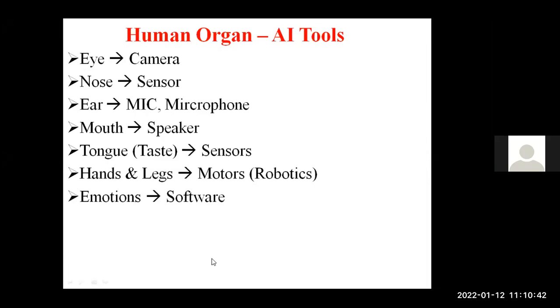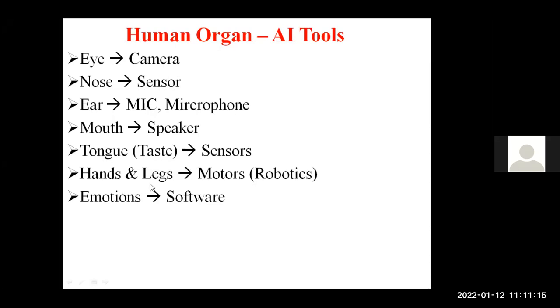Clear? So now that we know how humans collect data, we'll relate human with some technical terms. We have our eyes to collect the data, right? That is the pictures, images and videos. When a camera comes inside the machine, even the machine can collect all the images and videos. Like how we have our nose to collect information about smoke, gases and all, similarly we get sensors. Our ears are there to collect information, and in the same way microphones come into the picture. How we speak, that is the speakers.